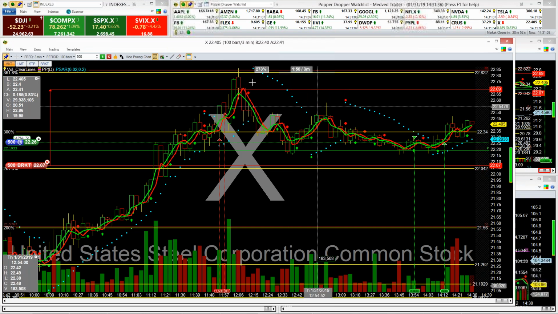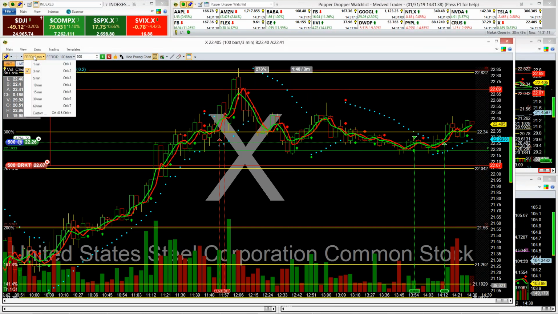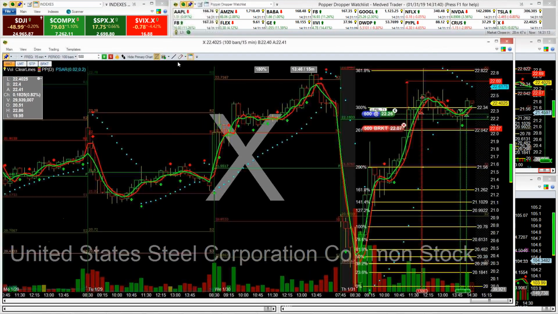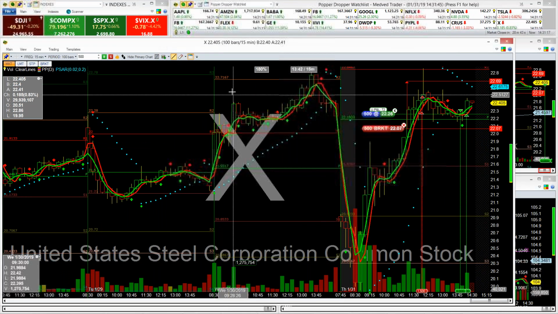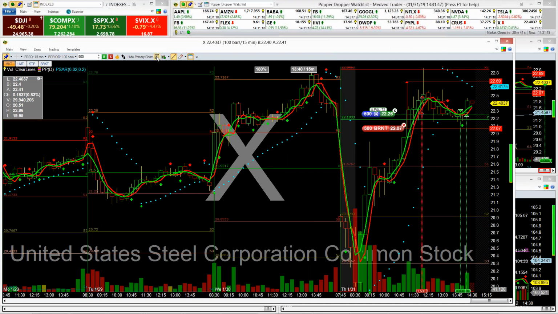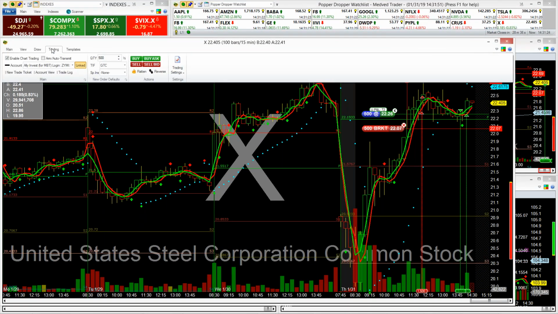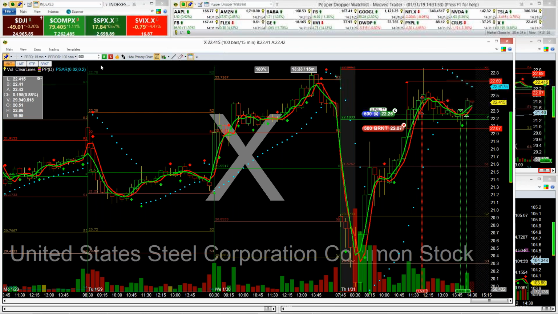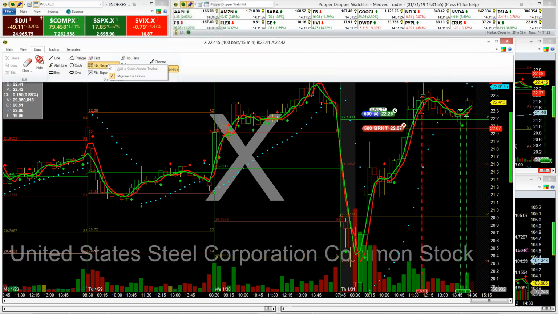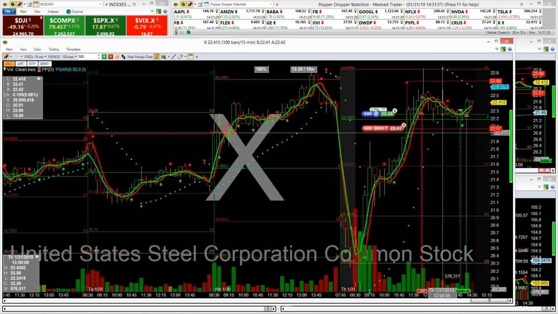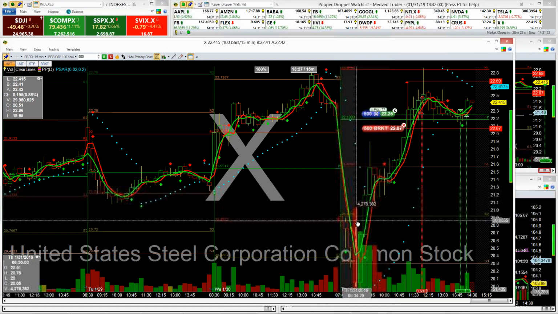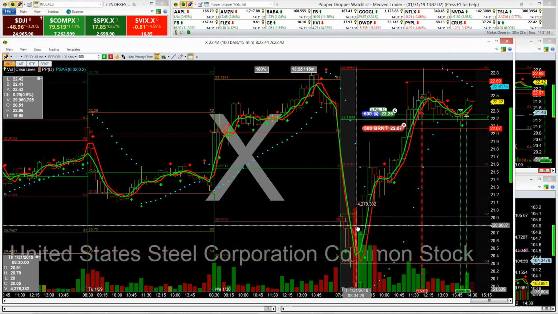Let me remove the fibs again real quick so you can see what I'm doing. So from draw, you click Fibonacci, and then you go to draw your fib, okay?